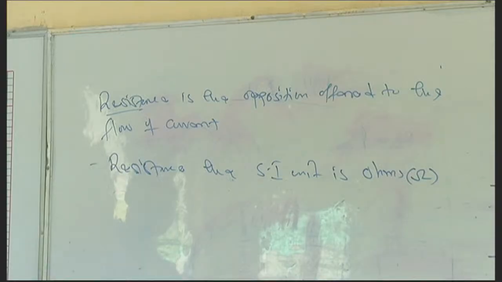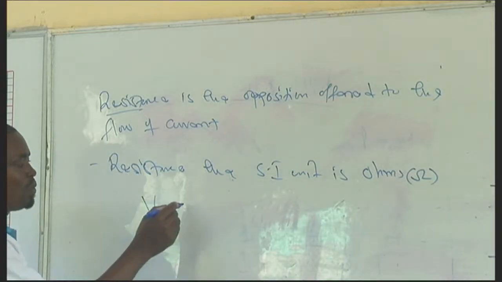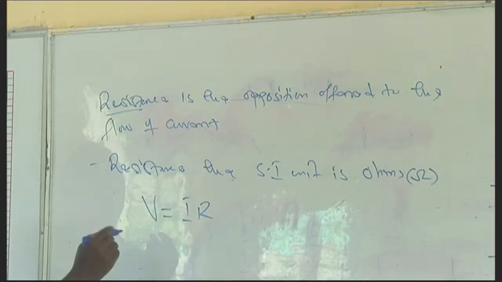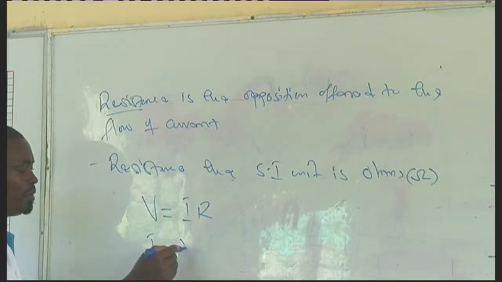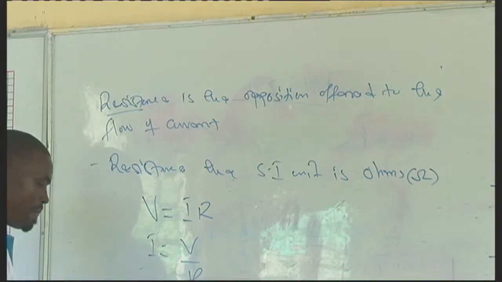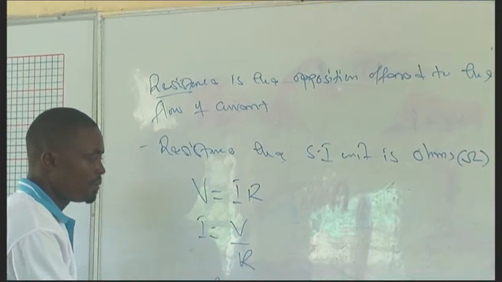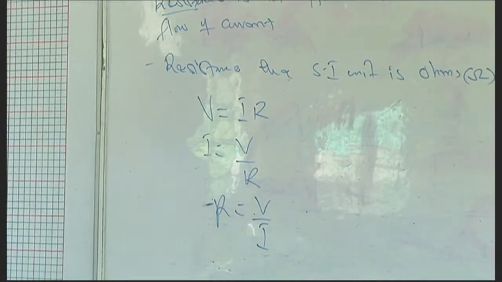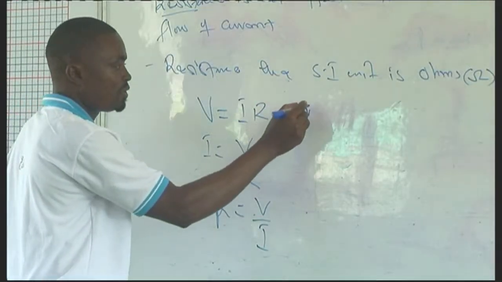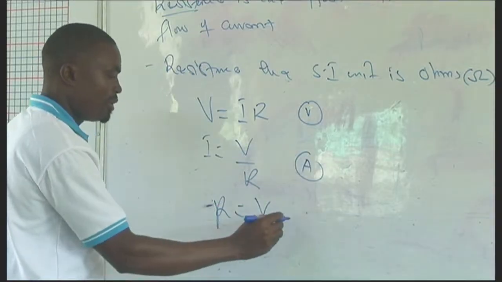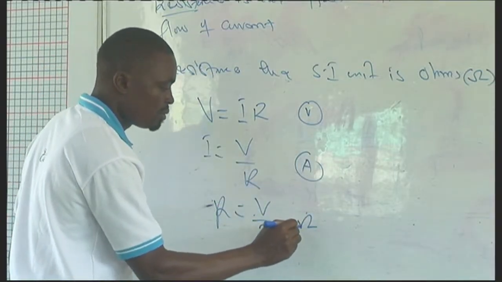So when we play with this formula, whereby V equals IR, we can get every quantity. I will be V over R. R will be V over I. So in this particular point, the unit is volts. This particular point, the unit is ampere. This particular point, the unit is ohms.